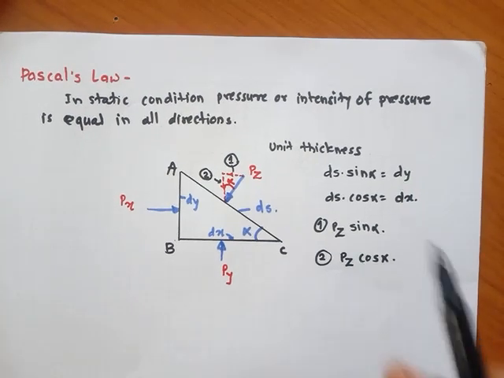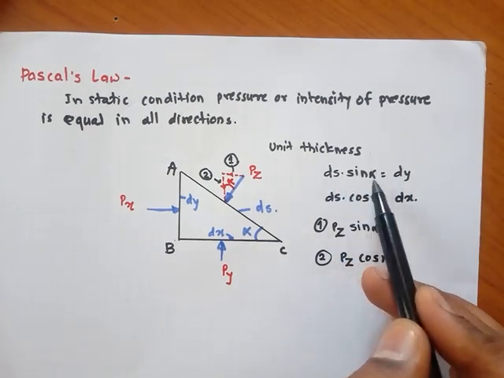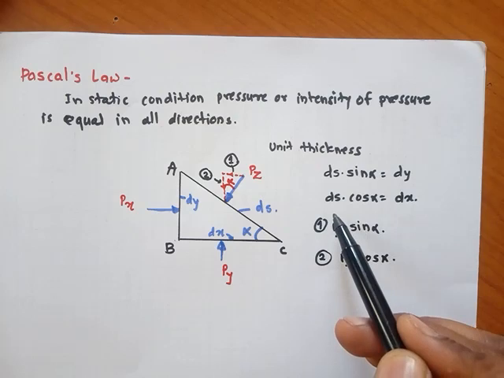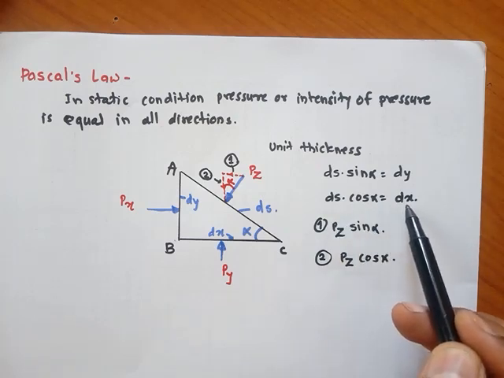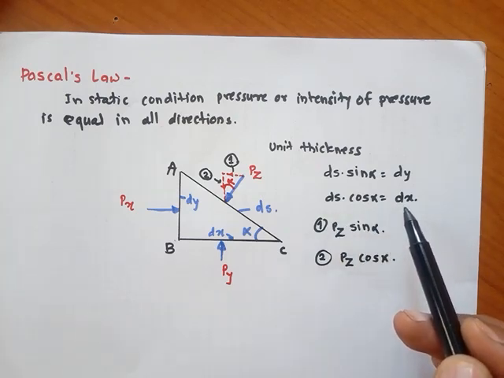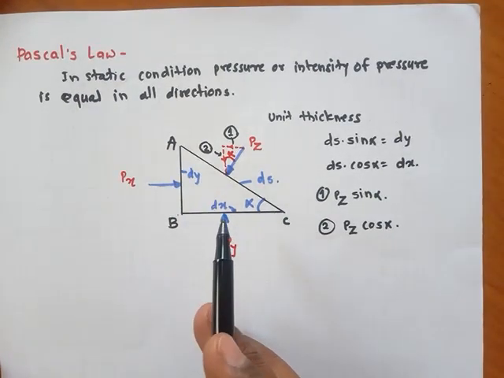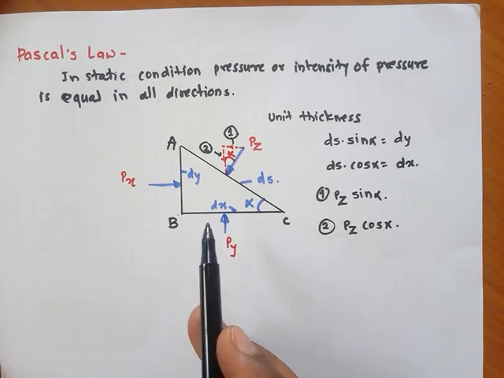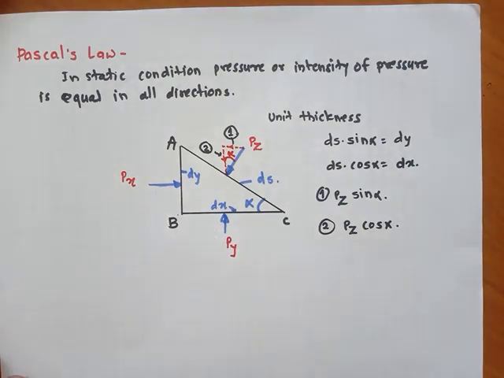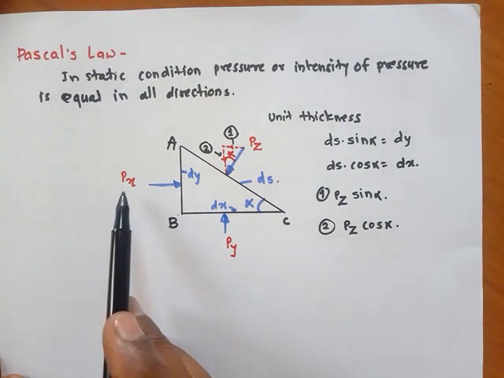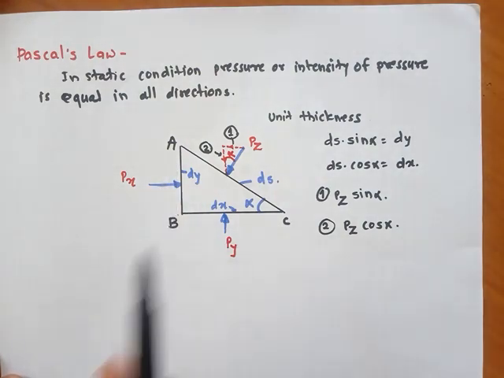According to trigonometry, ds sin alpha is equal to dy and ds cos alpha is equal to dx. Also, we have considered the fluid element to be very small, so we will neglect the weight of this fluid element.